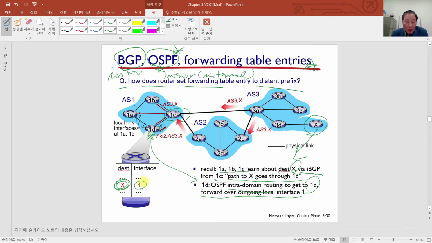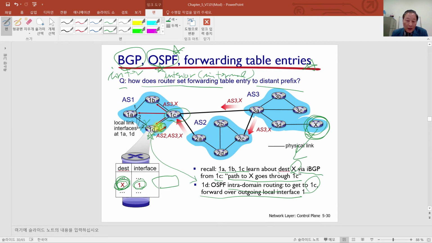Thus, to send a datagram, this one got that information already propagated, and this is showing one example of how it is sent. This information is already given, and X, this destination network address or prefix, can be reached with this reachability information. Then this datagram should go out through this interface 1.